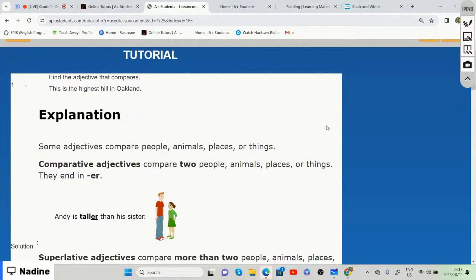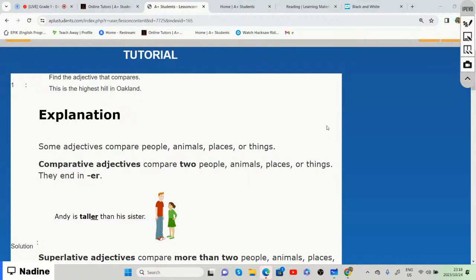This is the highest hill in Oakland. So we need to find the adjective that compares. If we look at that sentence, we are comparing this hill to the whole of Oakland.